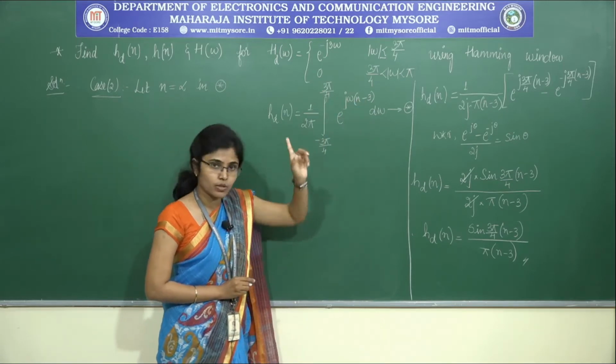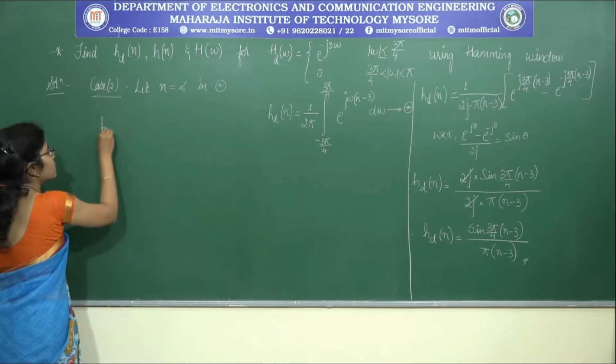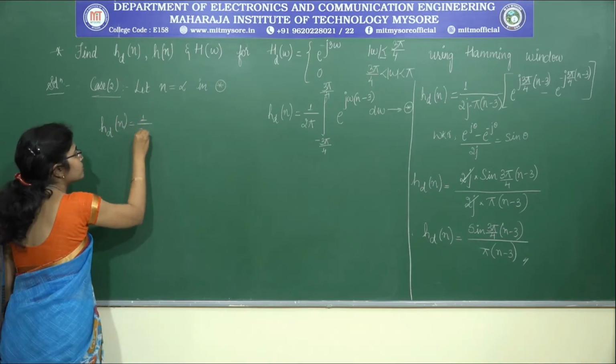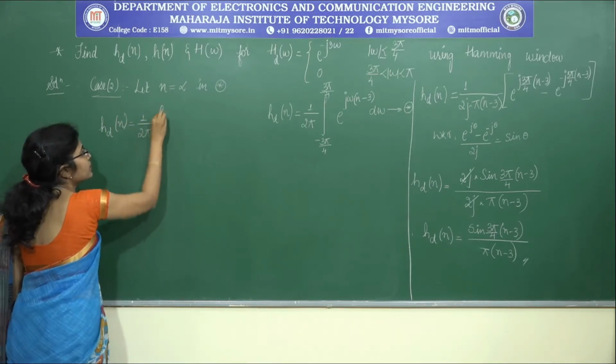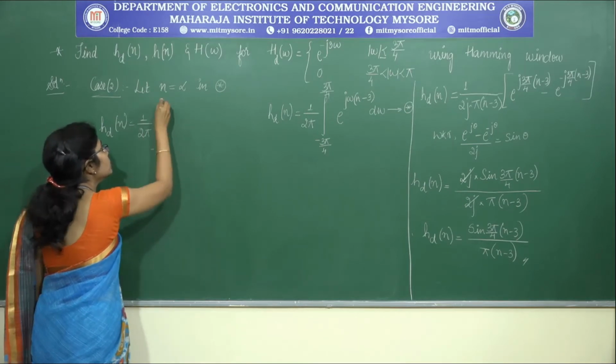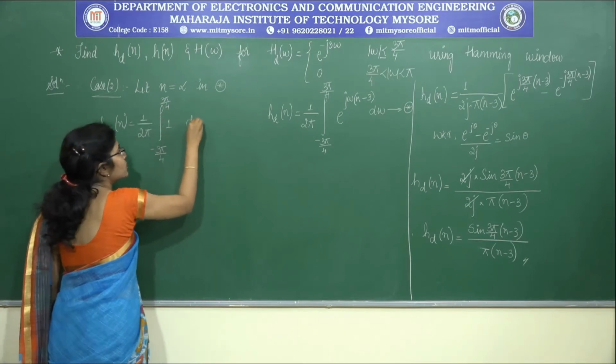So e power 0 is 1. So what happens to hd of n? Therefore, hd of n will be equal to 1 divided by 2 pi integral from minus 3 pi by 4 to plus 3 pi by 4 1 into d omega.